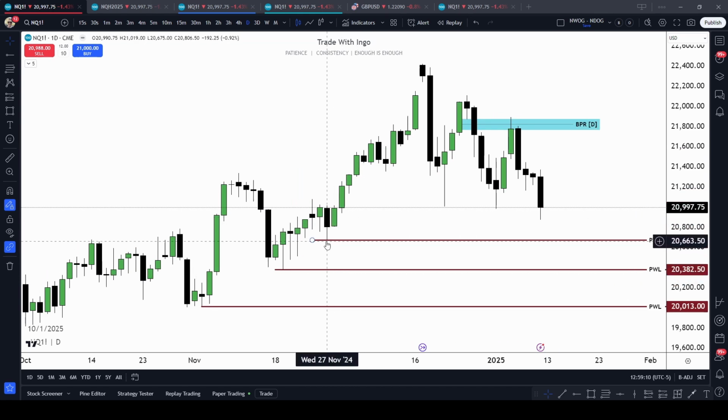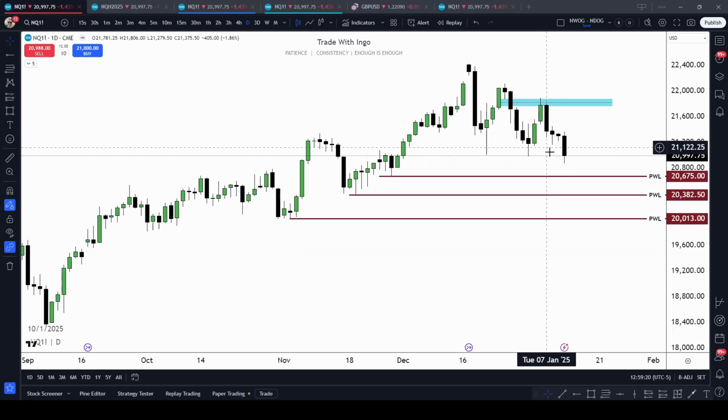Over here, previous week low, maybe a target. Previous week low, previous week low. These are the targets.